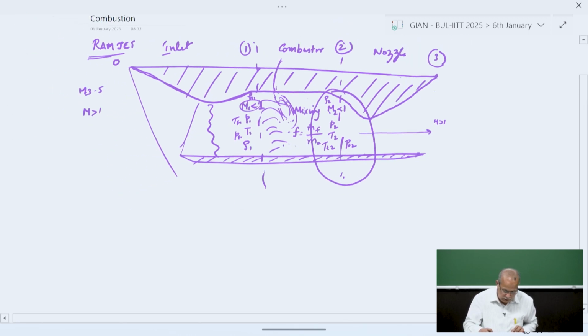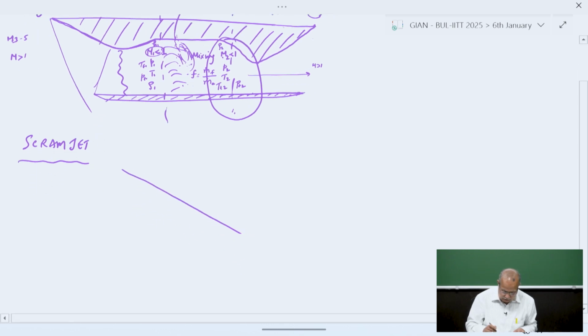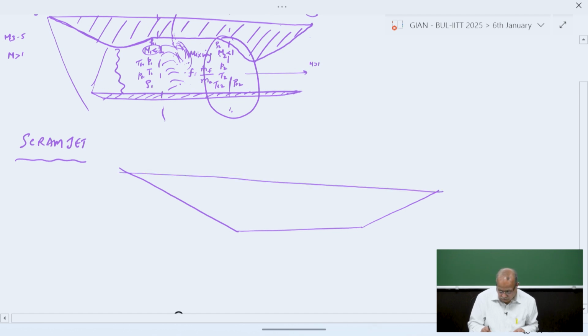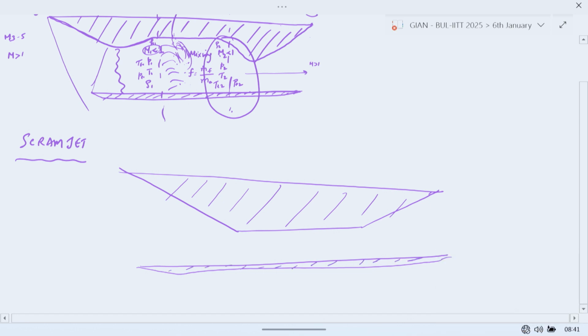Now if you look at the scramjet engine, the configuration is something very generic at the moment here.